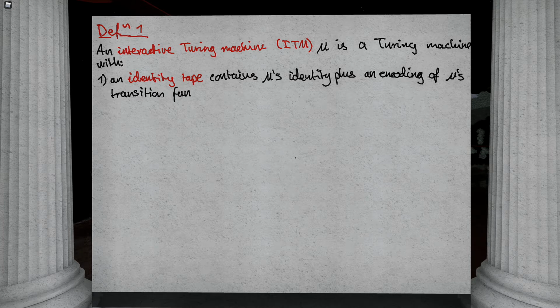Use whatever encoding you like. I'm not going to be pedantic about the details of that. And also the initial tape contents. So enough information to define what the Turing machine is. Okay, so that's the identity tape.